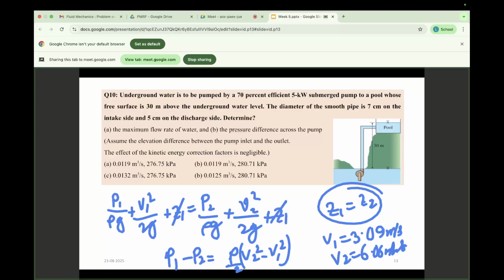Accordingly you can calculate and you will get this value of the pressure difference, which is around 280.71 kilopascal.